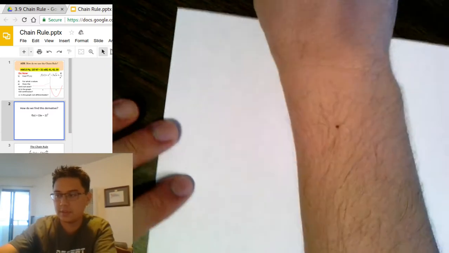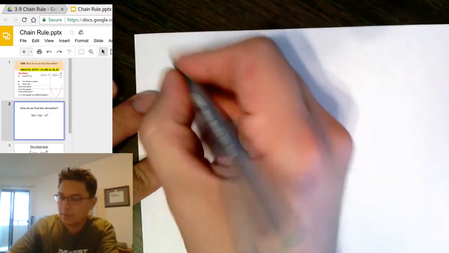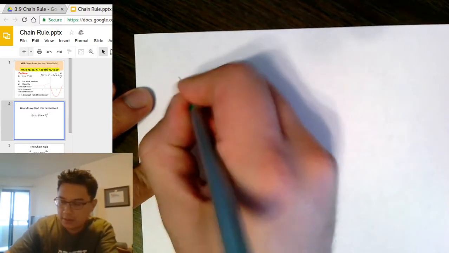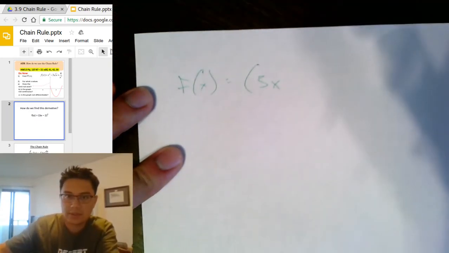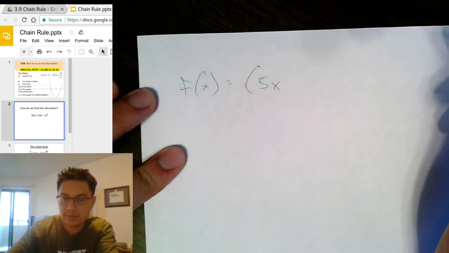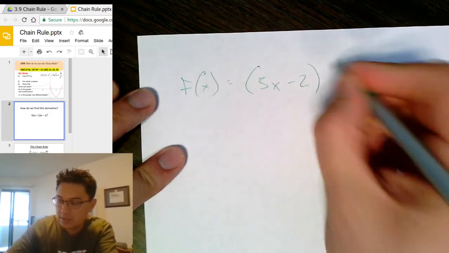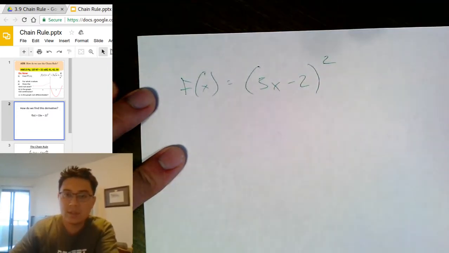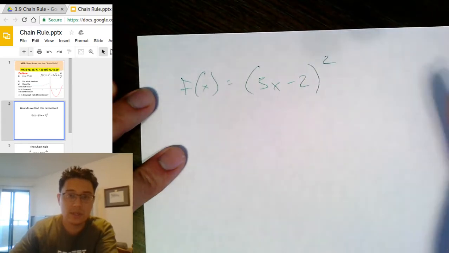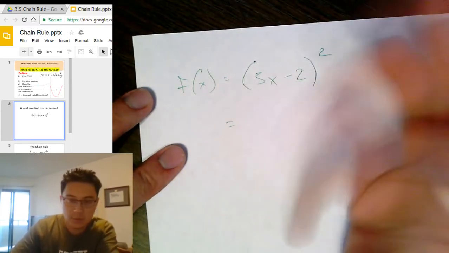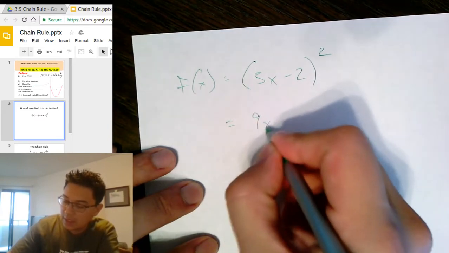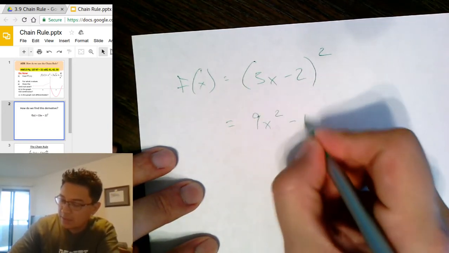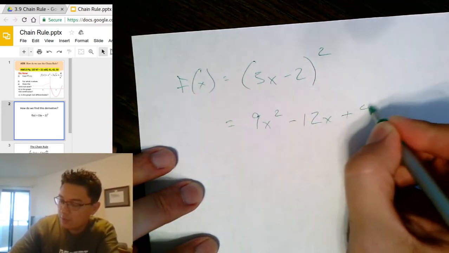So here on my sheet, let's adjust that a little bit. Okay. So we have f of x is equal to 3x minus 2 squared. So right now, the only thing that you guys know how to do with this is FOIL it out, turn it into a polynomial, and then use the power rule. So if we FOIL this thing out, we will get 9x squared minus 12x plus 4.